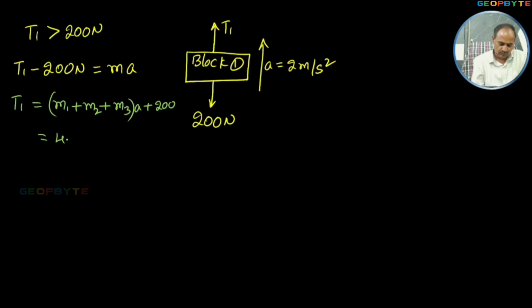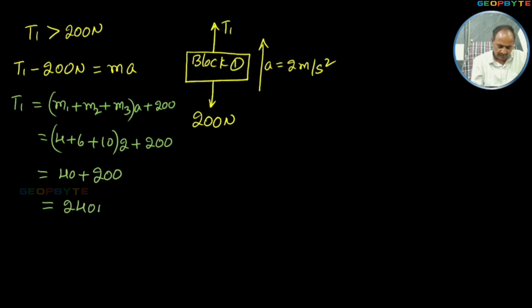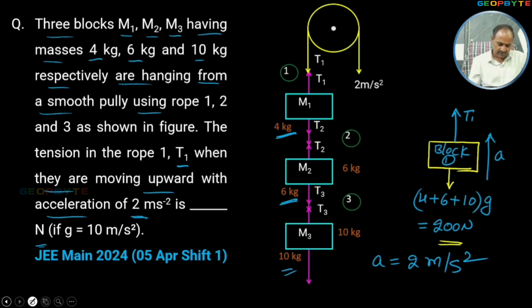So 4 plus 6 plus 10 into acceleration 2 plus 200. It is 20 into 2, 40, plus 200, so it is equal to 240 newtons. T1 equal to 240 newtons. Look at the options. Options are not available. Answer is 240 newtons. Understood clearly?